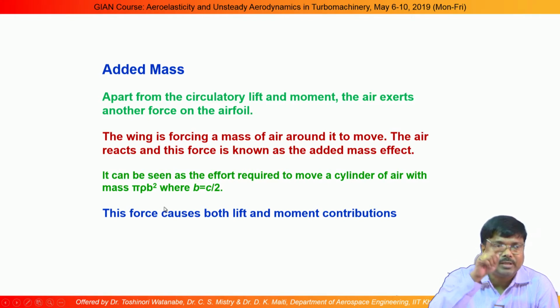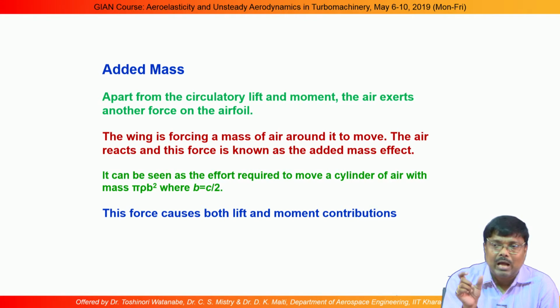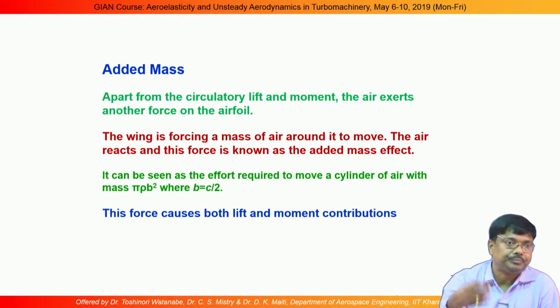Pi b square, where b is the semi chord, is the circular area, multiplied by rho, that is the mass per unit length in the transverse direction. That mass is affecting this equation by an inertial force, though it is negligible, but it has a significance.